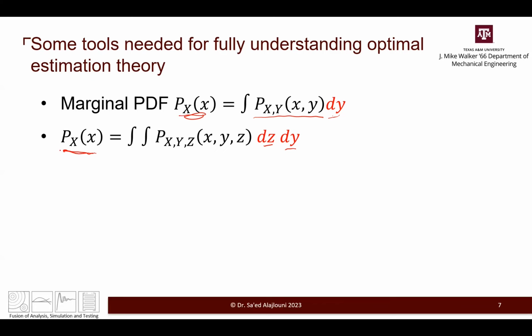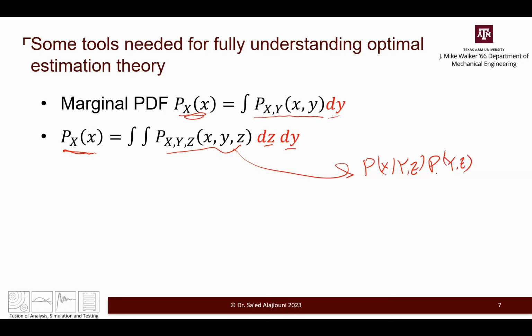Bayes' rule, you can say it in different ways. It depends how you're going to say it. If you want to use Bayes' rule, you can say this is the probability of x given y and z times the probability of y and z.